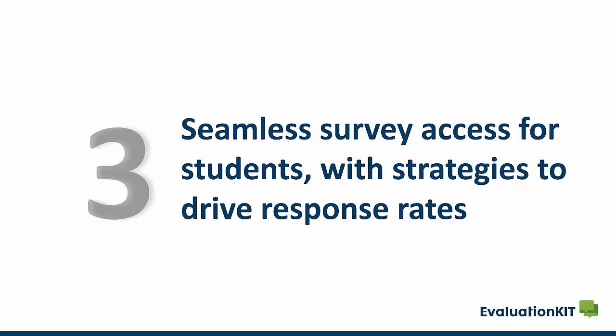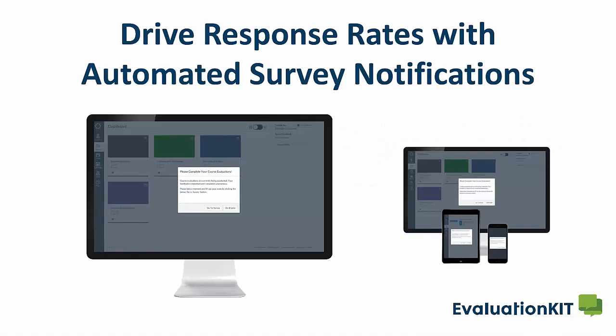The cornerstone of success here is really to ensure that you're providing seamless access to surveys for your students, and then support that access with additional response driving activities so you can ultimately generate great response rates in your evaluations. To provide seamless access to surveys, you need to intercept the students during their normal online routine and direct them to take surveys.